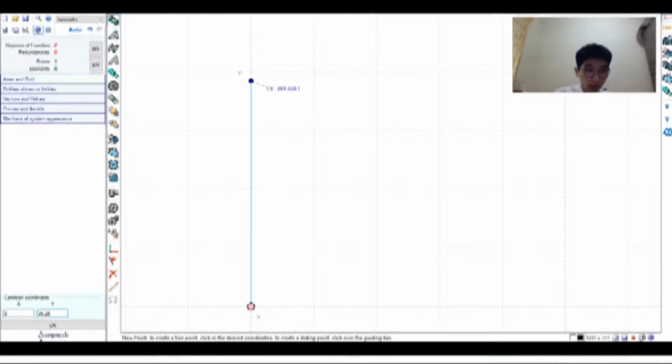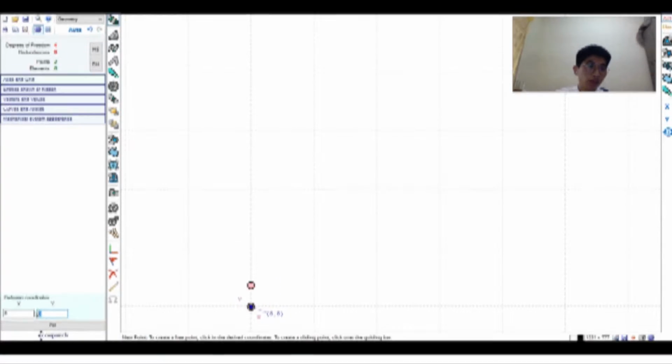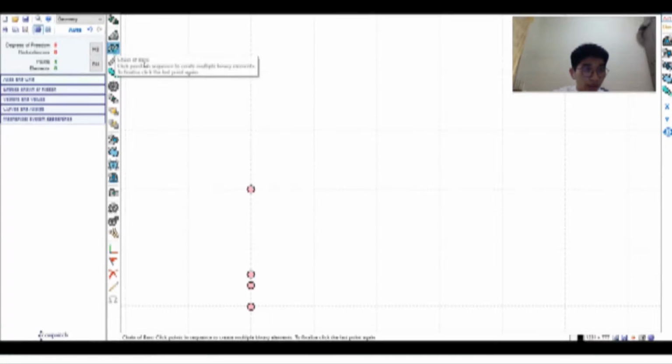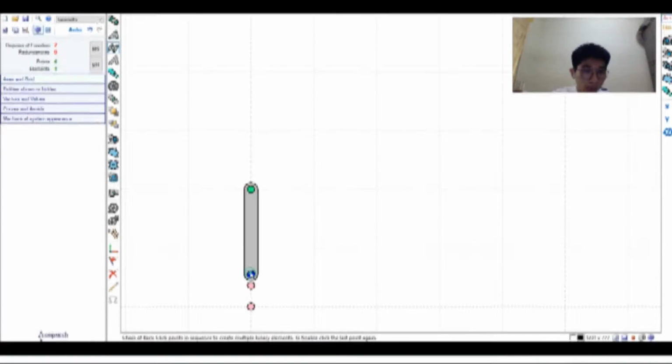Then the third and fourth points for the fixed rod are plotted. These 2 points are plotted to make a slider, and it should be fixed.